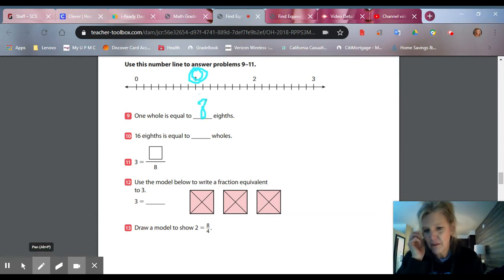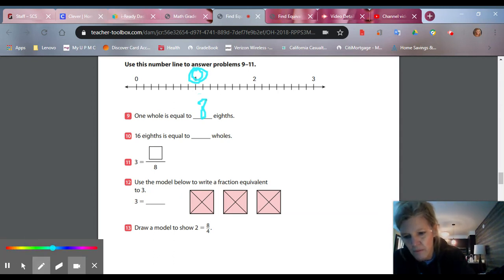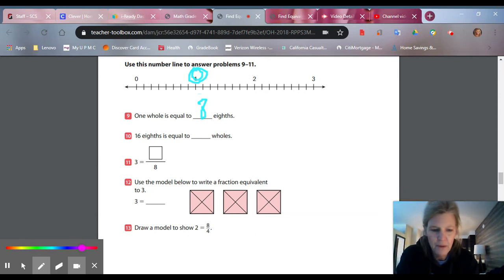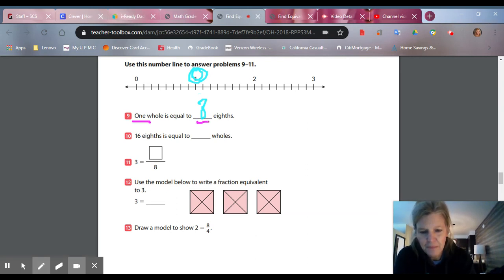Let's take a look at number 10. 16 eighths is equal to how many wholes? Just switched it around a bit. Well, you know that 1 whole is equal to 8 eighths. So that's 1, 2, 3, 4, 5, 6, 7, 8 eighths gives you 1 whole.